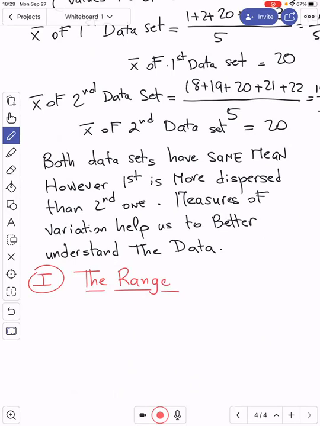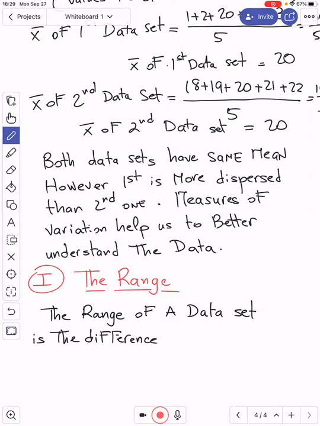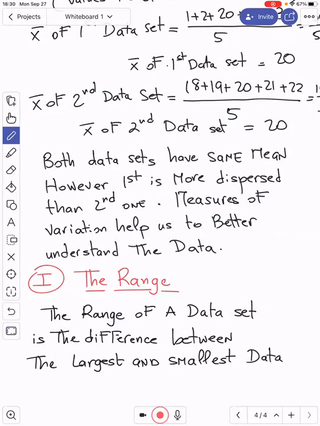The range of a data set is just the difference between the largest and the smallest data values.